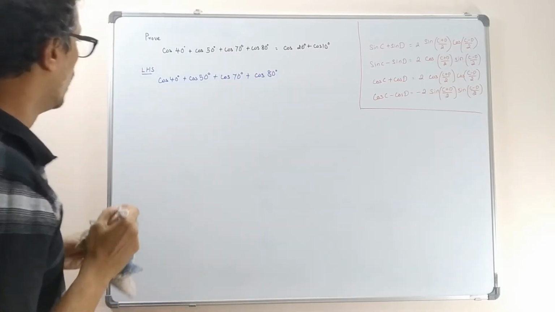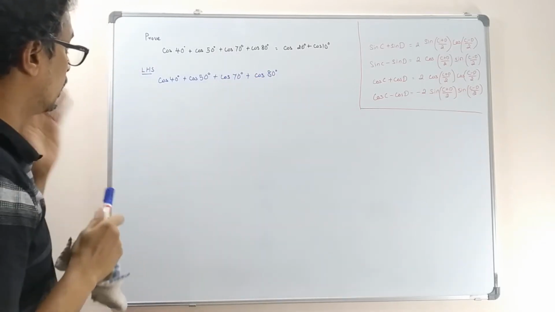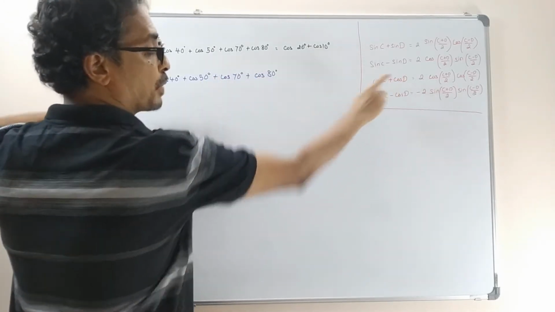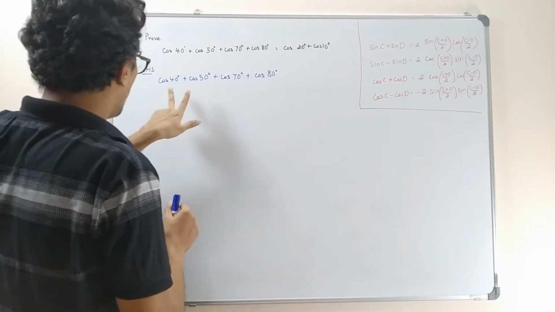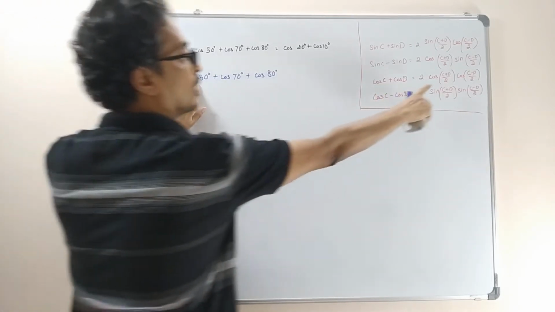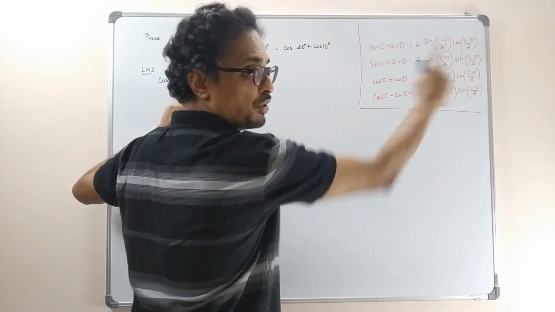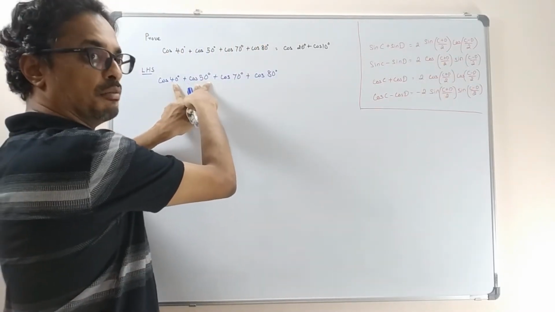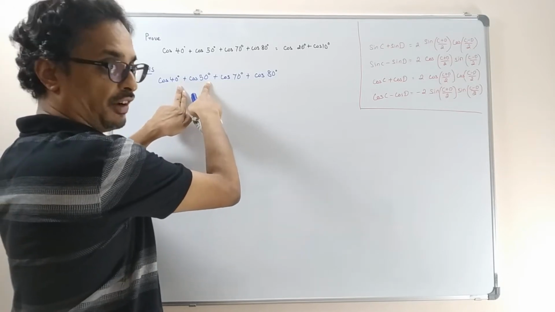Now we can try to use the factorization formula of cos C plus cos D. If I add these two, what are we going to have? 2 times cos of (C plus D) by 2 times cos of (C minus D) by 2, correct? So this will be 40 plus 50 by 2, that is 45.